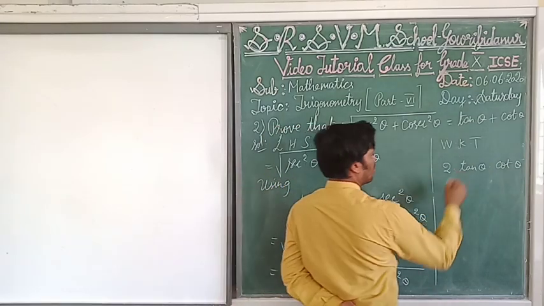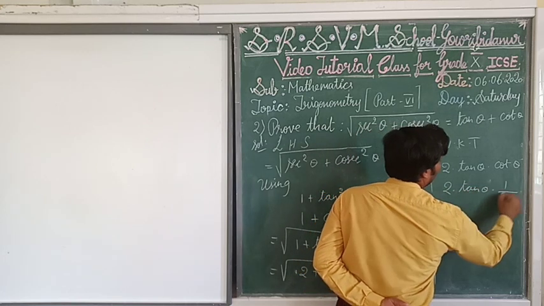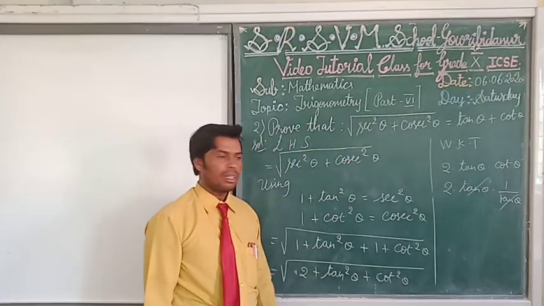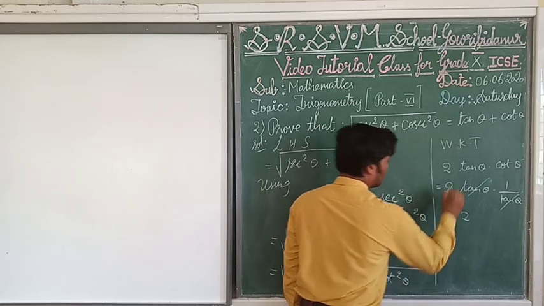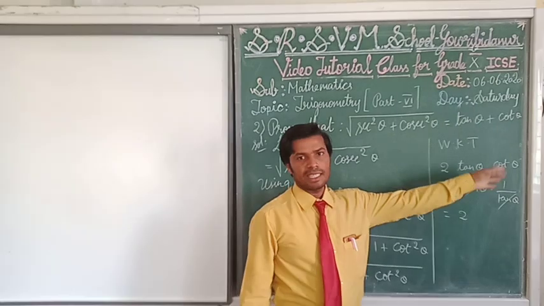So after using the reciprocal formula, 2 into tan theta into 1 by tan theta, tan theta cancelling means again 2 only coming. So it is equal to 2.